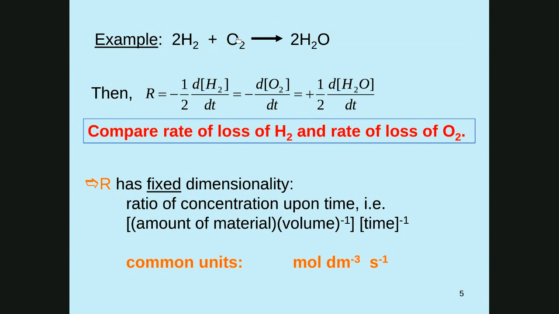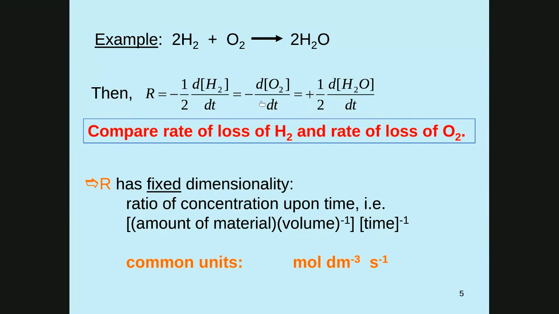So according to the general definition, we would write the reaction rate in terms of the rate of loss of hydrogen, the change in concentration of hydrogen with time, multiplied by 1/2, which will be equal to the rate of loss of oxygen, or the decrease in oxygen concentration with time, right? Because hydrogen is consumed twice as fast in the process as oxygen. So d[H2]/dt is twice d[O2]/dt. So if you multiply both by 1/2, then it becomes an identity.